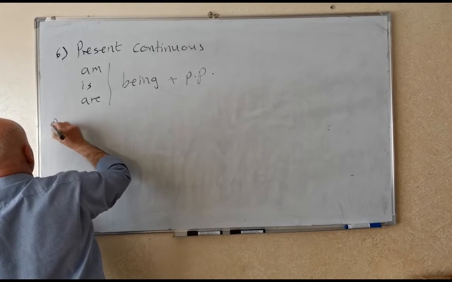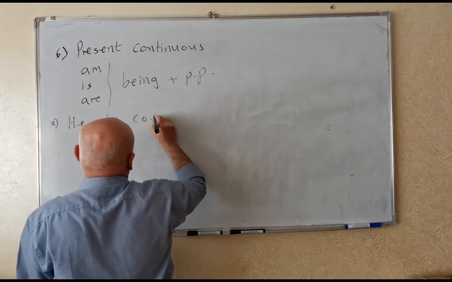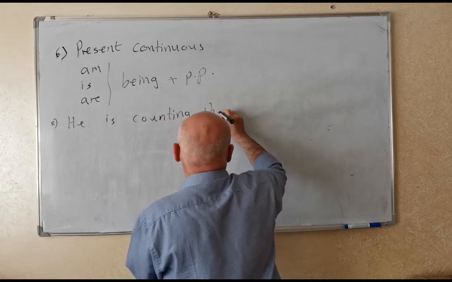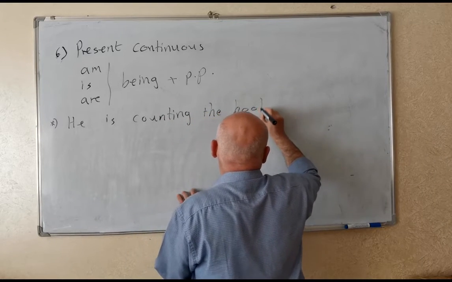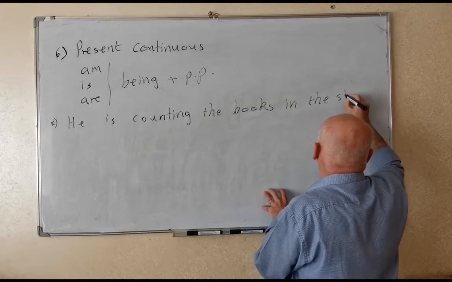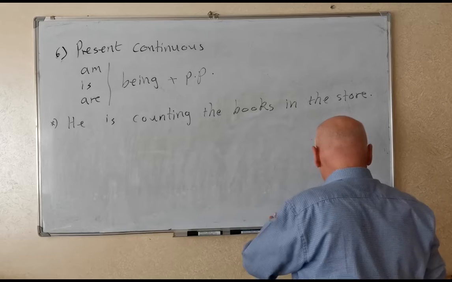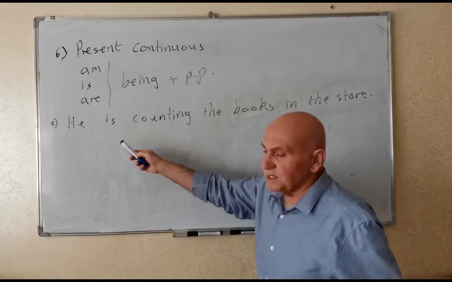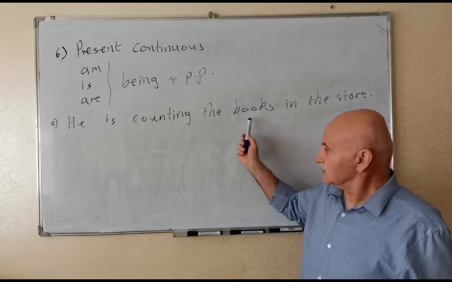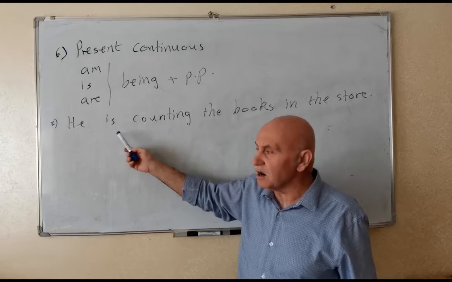For example: he is counting the books in the store. The books, instead of using is, are.